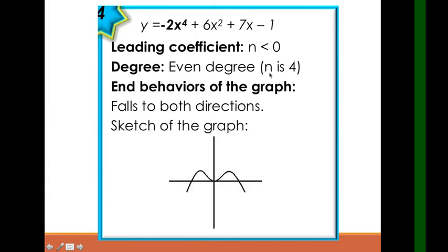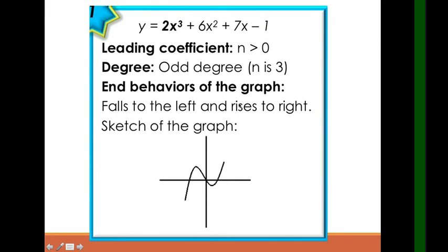And finally, the leading coefficient is less than 0 with even degree, so falls both directions, pababa. Okay, so balikan natin. If the leading coefficient is greater than 0, odd degree, falls to the left, then rises to the right.